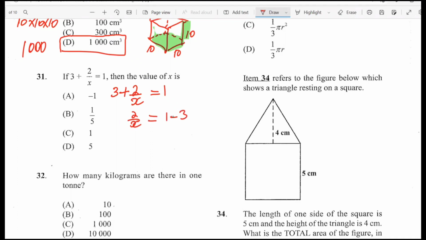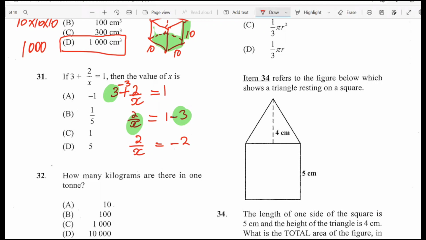You're not getting the variable by itself, so we subtract 3 from both sides. So at this moment, we're looking at 2 over x is equal to negative 2.